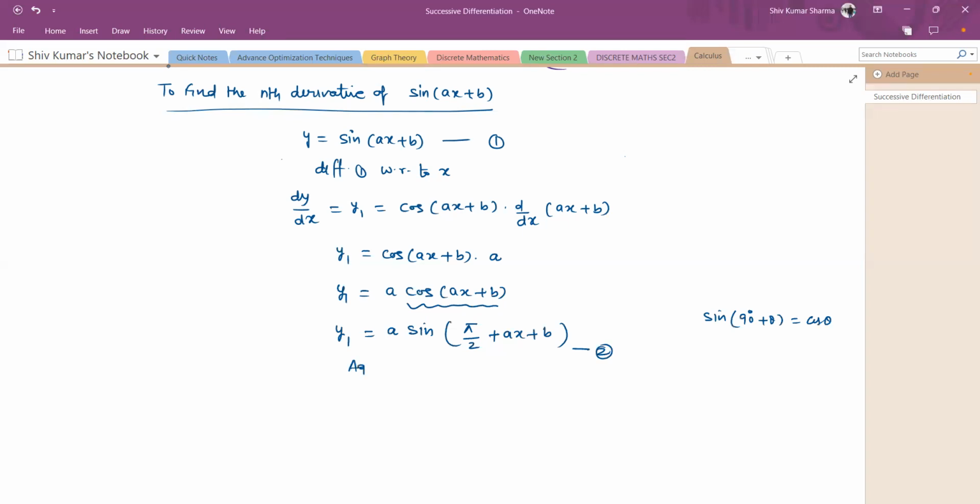So we do the differentiation again. Differentiate 2 with respect to x. The differentiation of y1 we denote as y2.